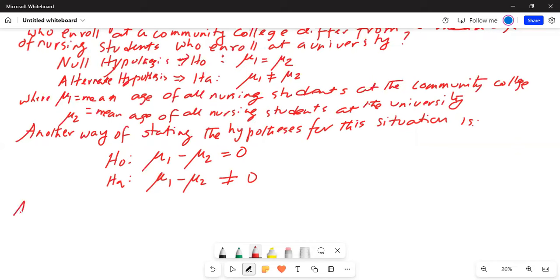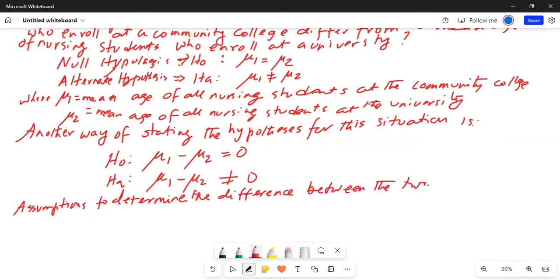So, what are the assumptions to test, or to determine, I should say, the difference between the two means? Okay.